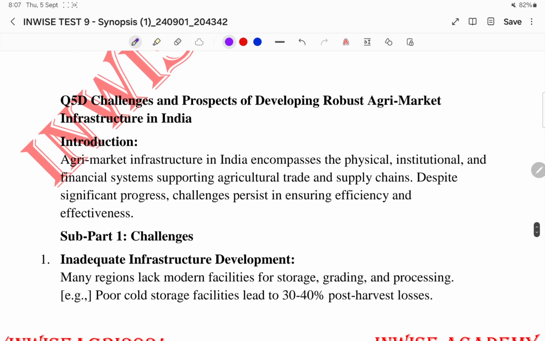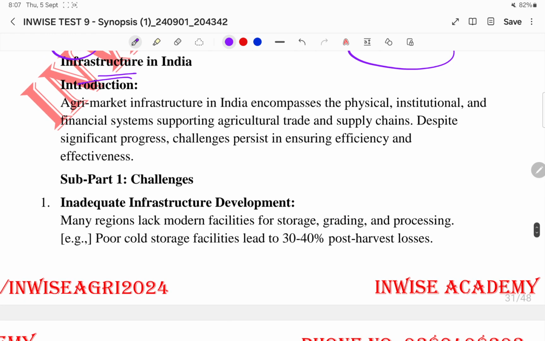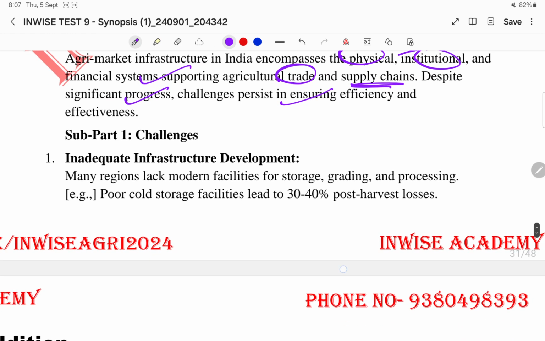Fine. Okay. So question 5D: the challenges and prospects of developing a robust agri-market infrastructure. They are asking with respect to the agricultural market, right? Agri-market infrastructure in India encompasses the physical, institutional and financial systems supporting agricultural trade and supply chains. Despite significant progress, challenges persist in enhancing efficiency and effectiveness.